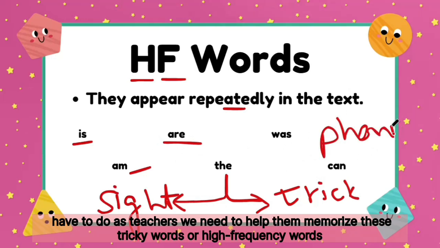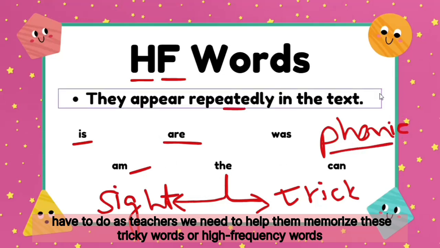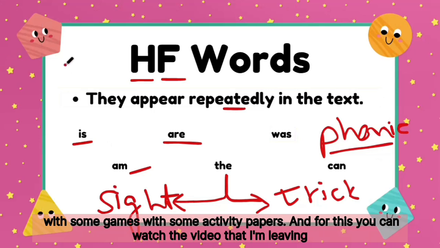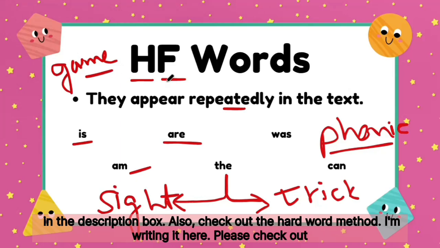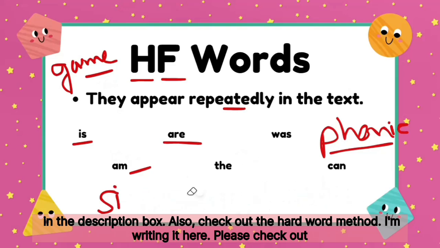For this, what we have to do as teachers is help them memorize these tricky words or high frequency words with some games, with some activity papers. And for this, you can watch the video that I'm leaving in the description box. Also, check out the heart word method.